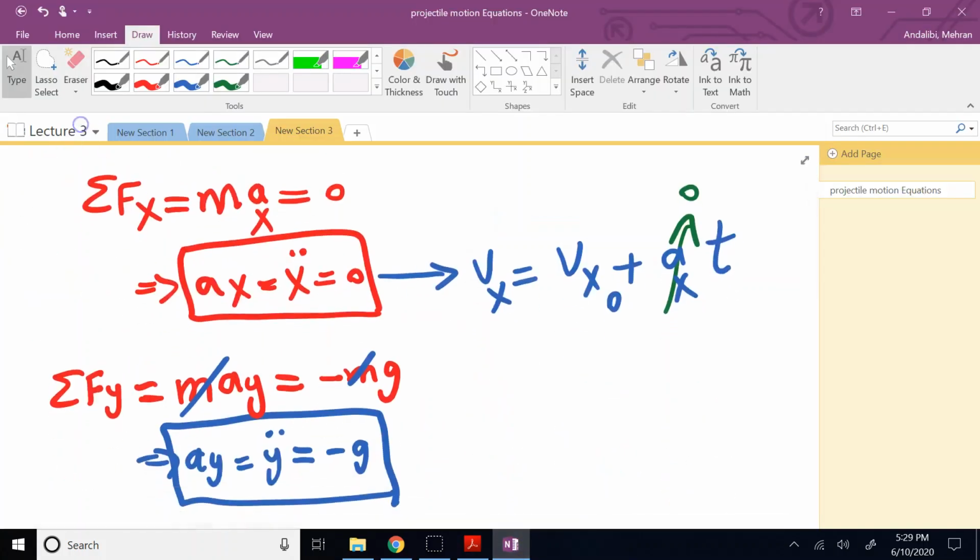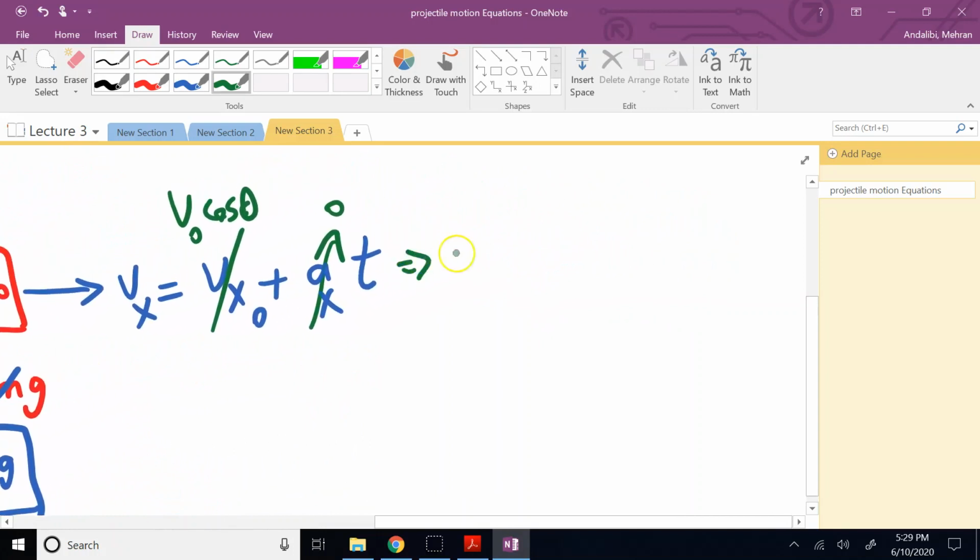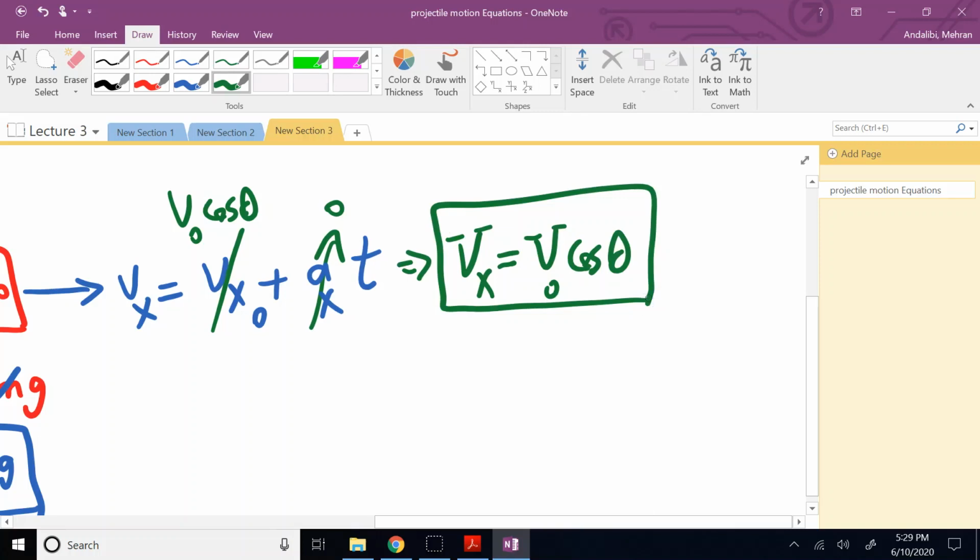So this is V naught cosine theta. Now I got my first equation, that Vx at any point is equal to V naught cosine theta, and it is not going to change. Why? Because there is no x acceleration. So Vx will never change. In other words, in the x direction, what type of motion do I have?